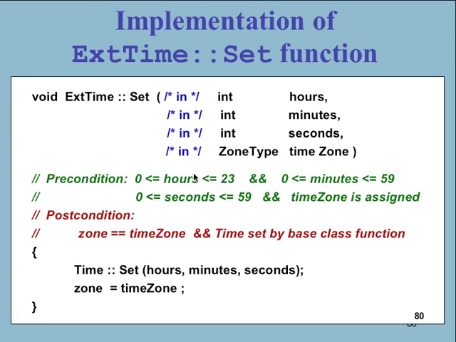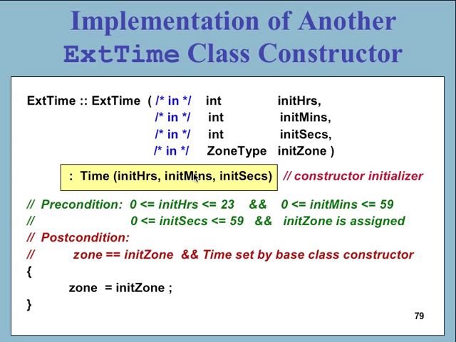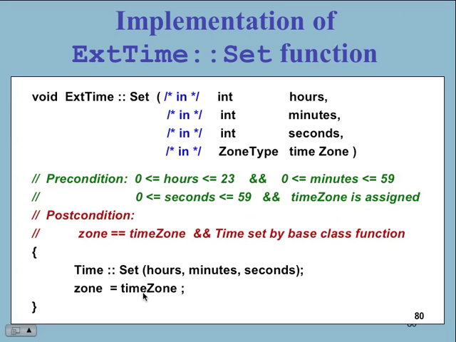So we don't have to reinvent the wheel. If we already have a constructor that's setting hours and minutes and seconds in the time, we don't have to redo that. It's already going to set it for us in the default constructor for time. So in extended time, we just add the time zone to it. So it's already running, so we have the same body here with the zone that's being set.